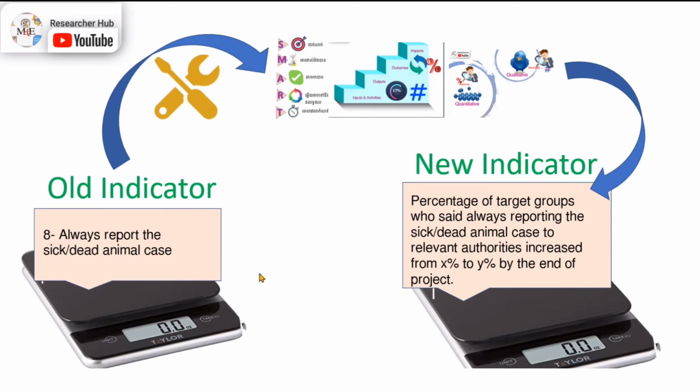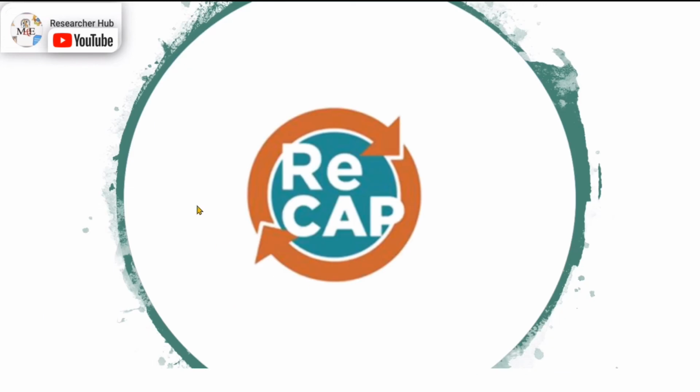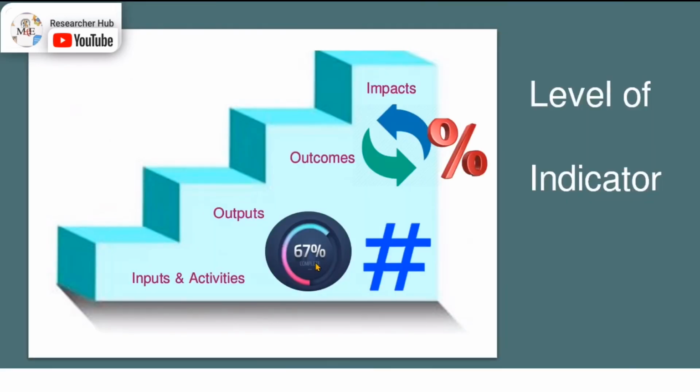So this is how we improve the indicators after you select three, and then you can improve them to be good indicators. In my definition, good indicators are even better than SMART indicators. So, just to recap what we discussed in this learning video, there are two levels of indicators.